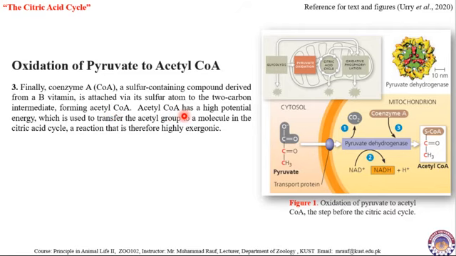Acetyl coenzyme A has a high potential energy which is used to transfer the acetyl group to a molecule in the citric acid cycle, a reaction that is therefore highly exergonic. So that third step completes the conversion of pyruvate into acetyl coenzyme A.